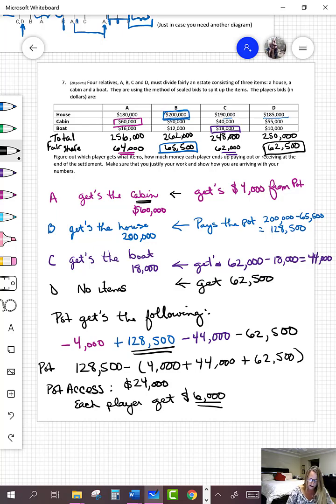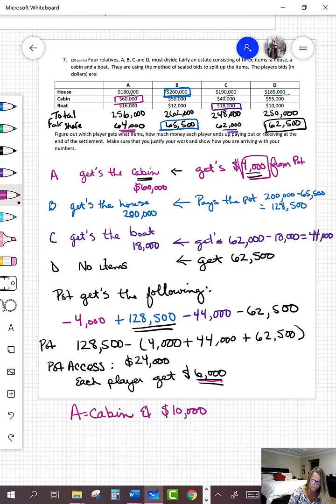So player A gets the cabin, and they get $4,000 from the pot plus the $6,000 of the extra cash. So they get $10,000. So they're taking the cabin and walking away with $10,000.